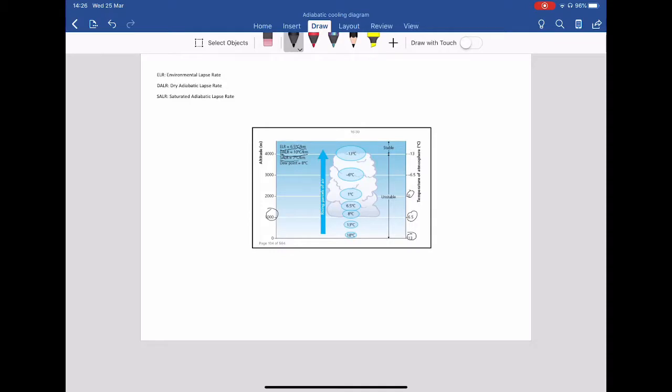Now, the first thing we need to understand to make some sense of this is that condensation is exothermic as a reaction. Okay, so evaporation, which is the opposite of condensation, takes in heat.